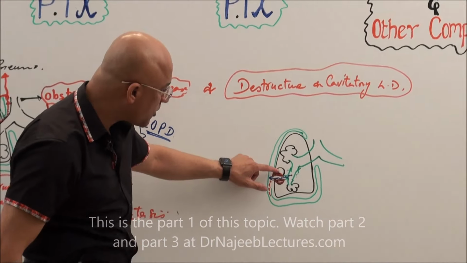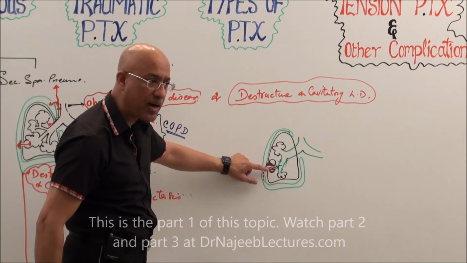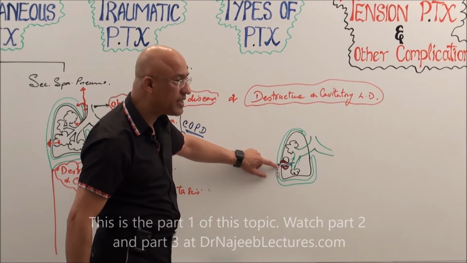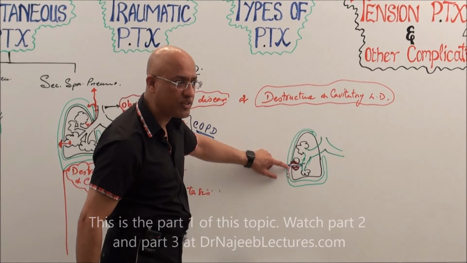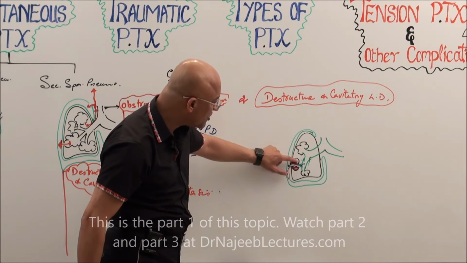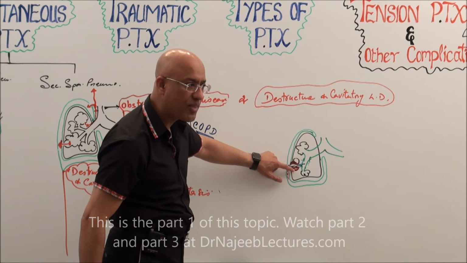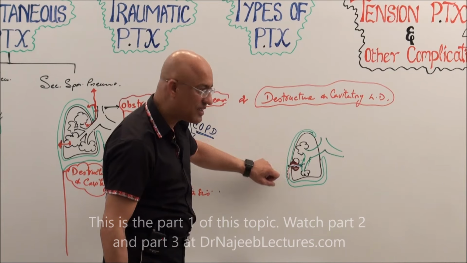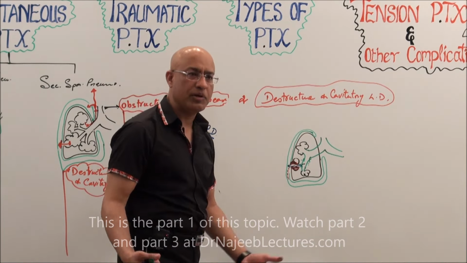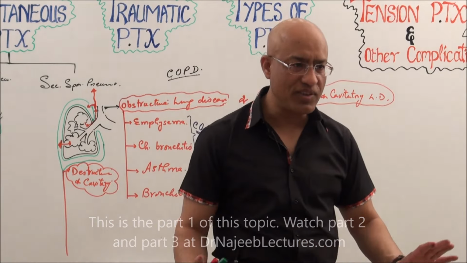Because this pathological process which is destroying the lung parenchyma, on one side was having an airway, on the other side was situated just under the pleura. If this destructive or cavitary lesion breaks away, then air from the bronchial tree can directly enter the pleura and produce pneumothorax. Is it clear?